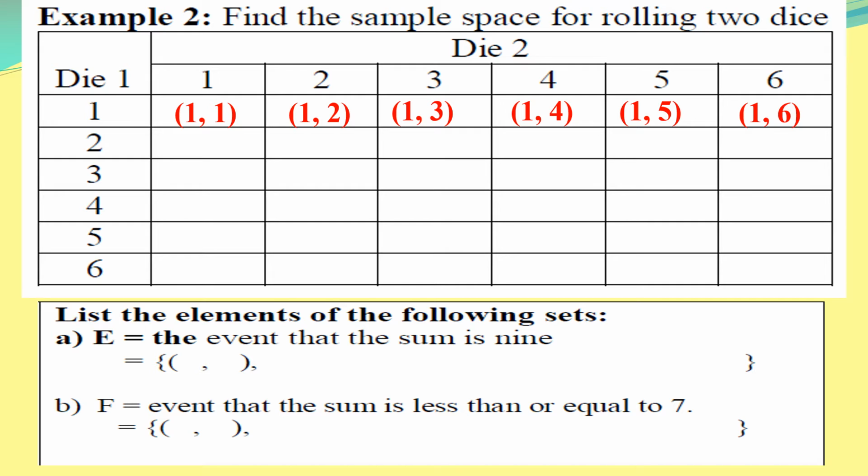Now supposing die number 1 shows a 2 and die number 2 shows a 1, the element is 2, 1. If die 1 shows a 2 and die 2 shows a 2, then it will be 2, 2, and so on.